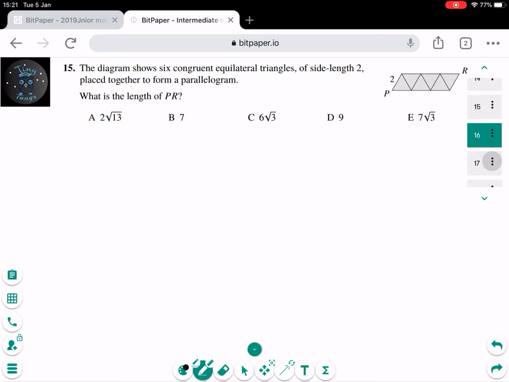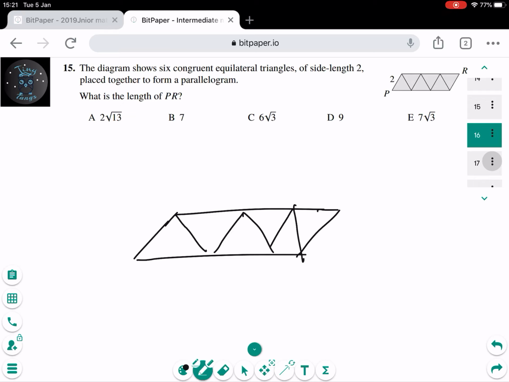For the 15th question, this is quite a tricky question, as it asks you what this line is. What you can't really see at first. But what you basically do here is, wait, let me just draw the shape again. Excuse me for my bad drawing, but anyways, that's the main shape.